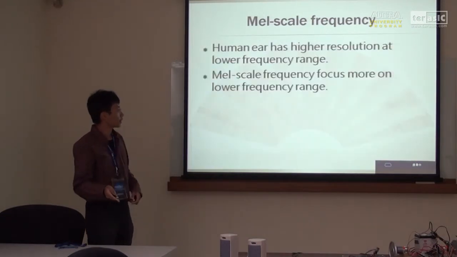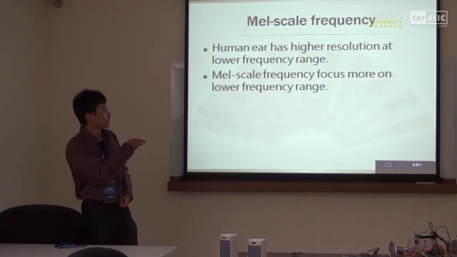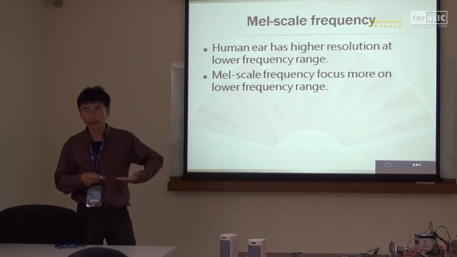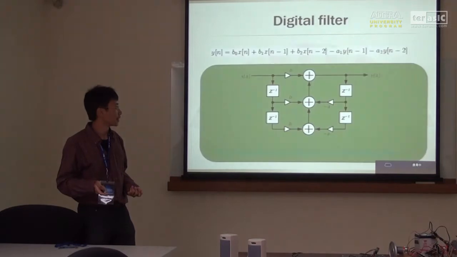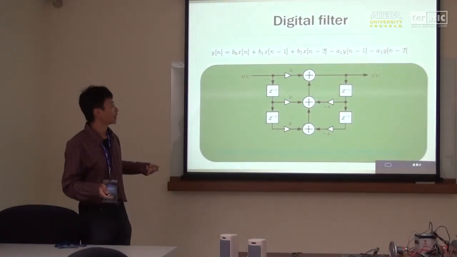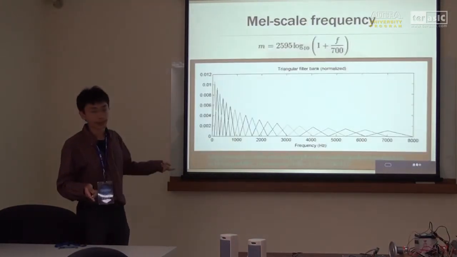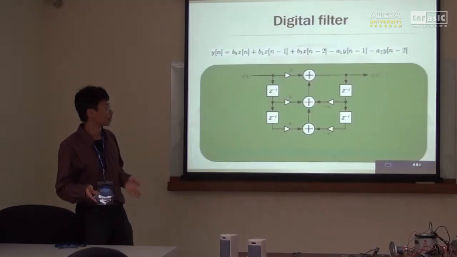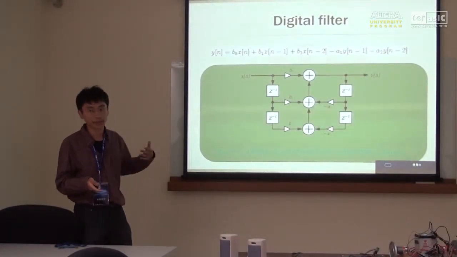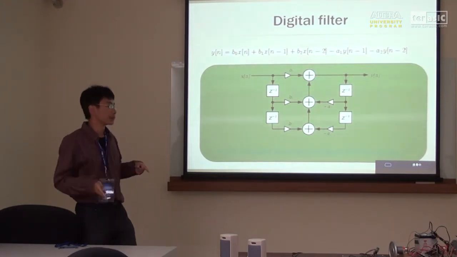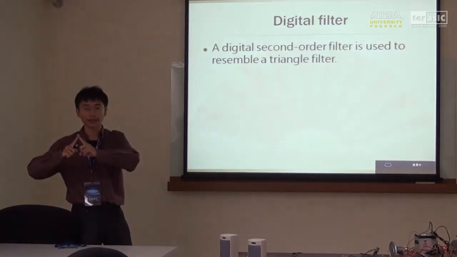The lower frequency part has the higher resolution. This is how we want to do it. And for this triangle filter, we make a digital filter, a second order bandpass filter, to resemble the triangle shape.